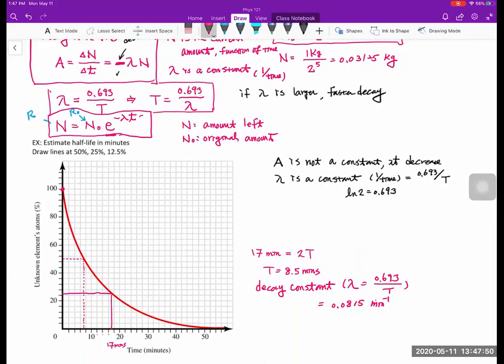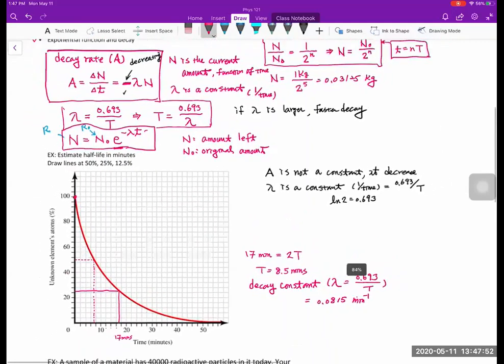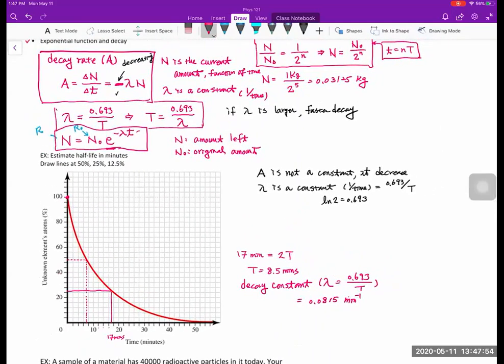Can we use time t equals n times the half-life T? When you use t equal to n times capital T, n has to be an integer, and here it's not an integer, so you cannot use that.